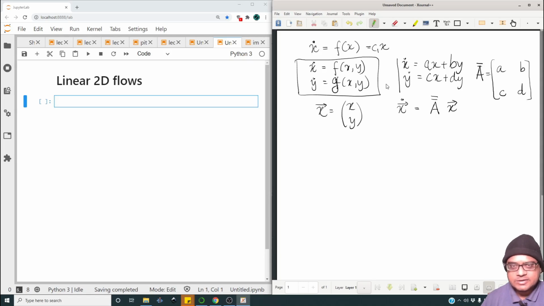The eigenvalues and eigenvectors hold the key towards unraveling the structure of a set of equations bound together by a matrix. Essentially, we are mapping the state to its rate of change through this matrix.